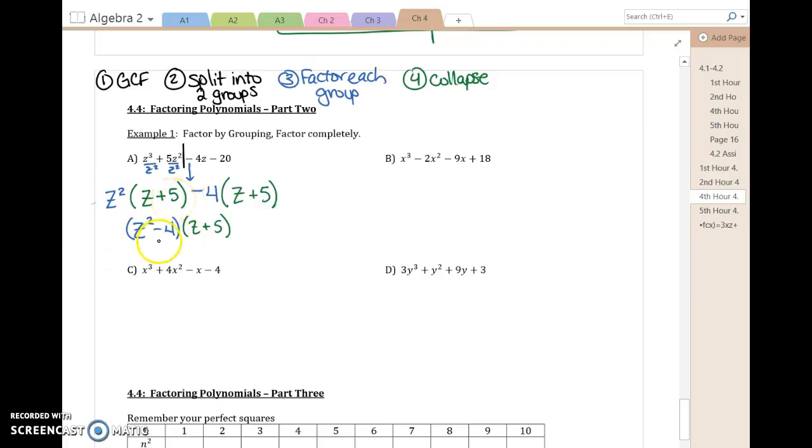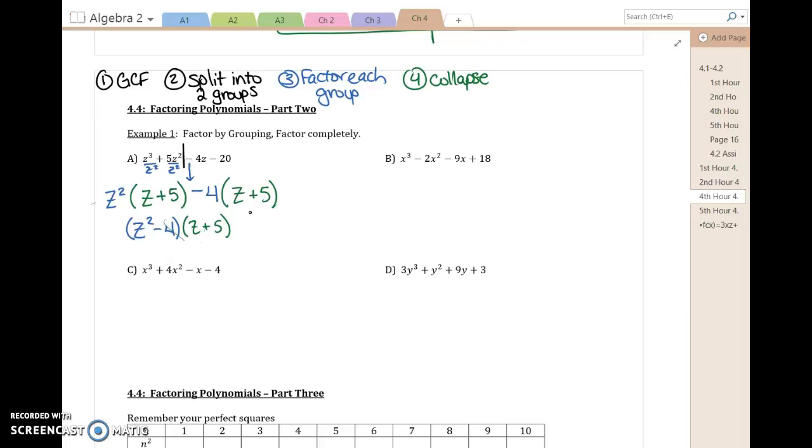Then we would do negative 4 times both of these. That's what's written right up here. So this is just the distributive property fully written out. The first term times the second set of parentheses, and the second term times the second set of parentheses. We collapse that distributive property down into z squared minus 4 times z plus 5.